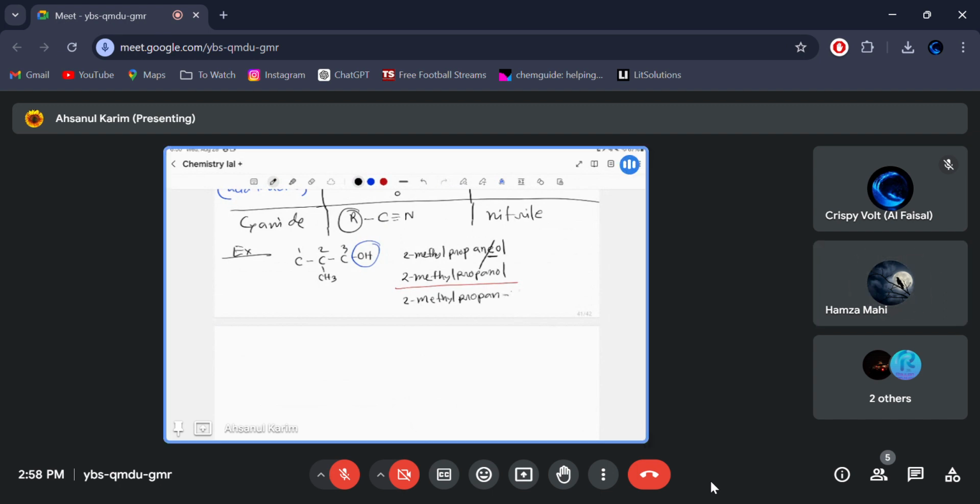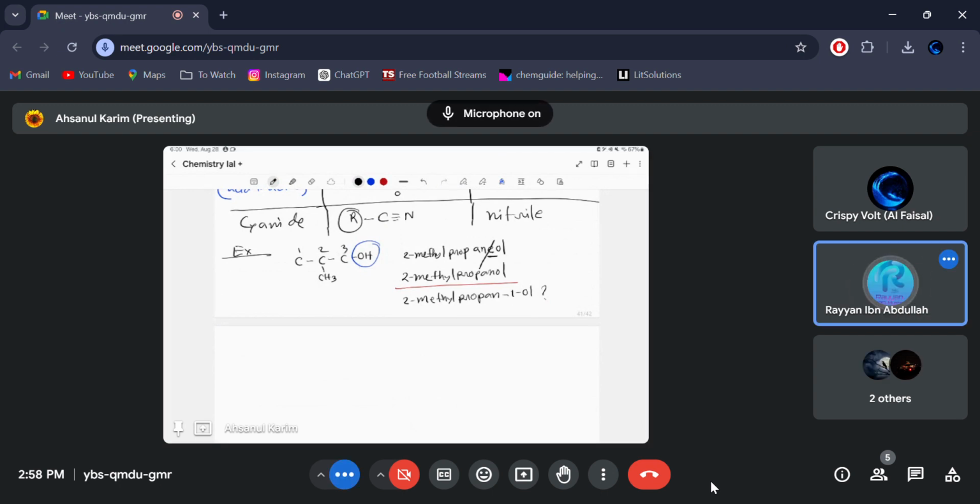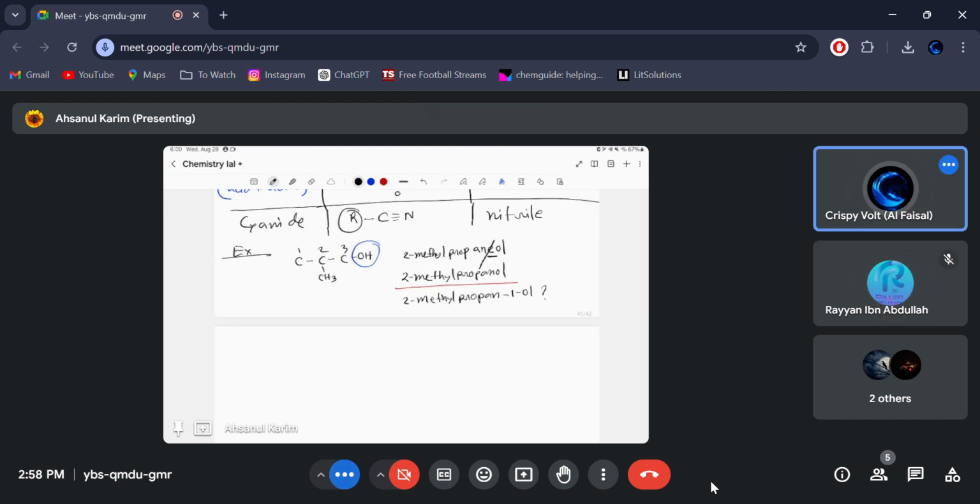Yes. Now why 1-ol? Because the OH is on the first carbon. It can also be on numbering 3. It should be 3-ol. Why should we make it 1 to 3?